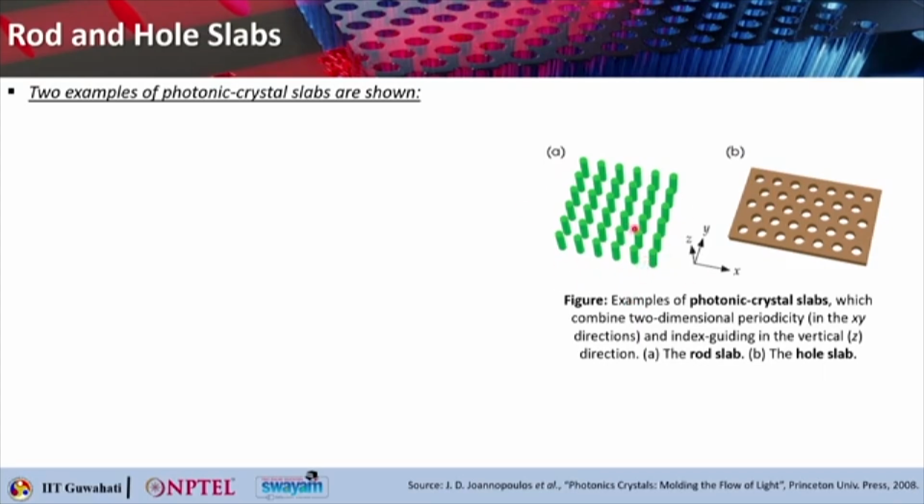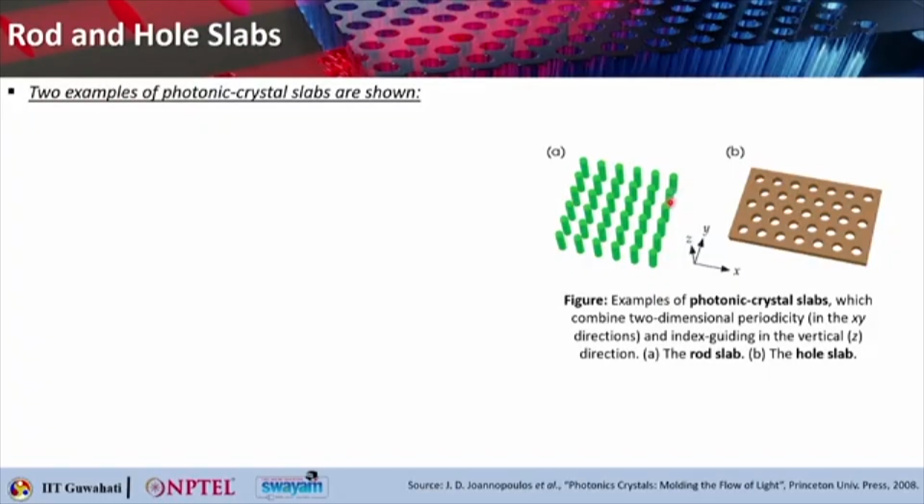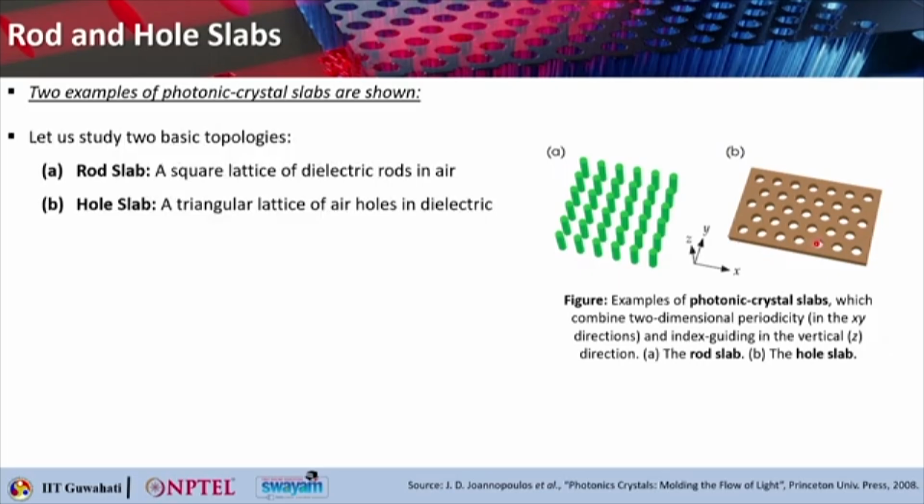So this is a rod slab, which you can think of as an array of dielectric cylinders, and this is the inverted array. Not exactly an inverted array, because this is a square lattice and this is a triangular lattice. So you can just think of this as a hole slab or hole array. Here the air holes make a triangular lattice.